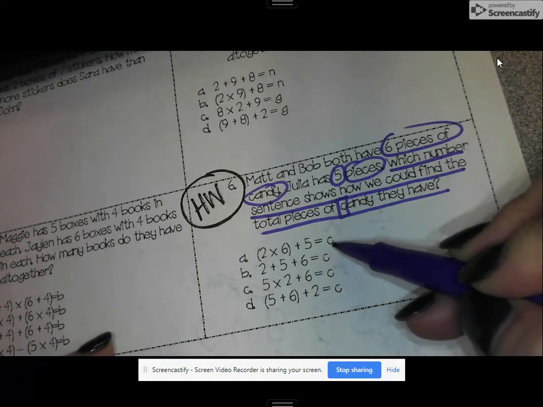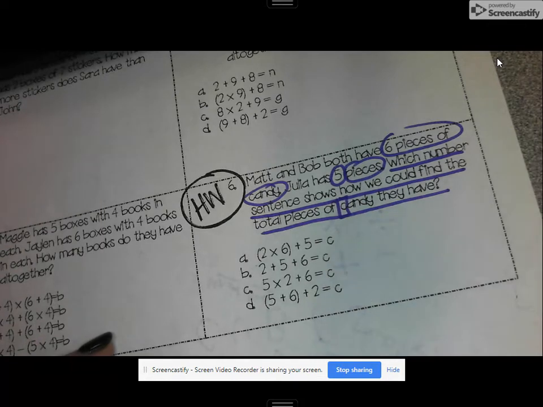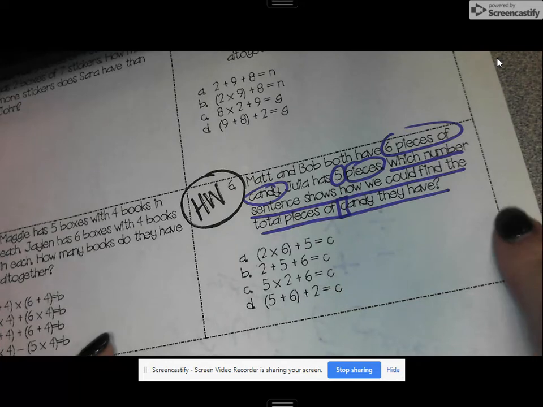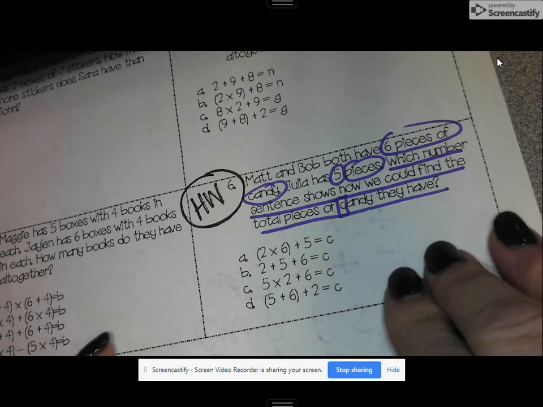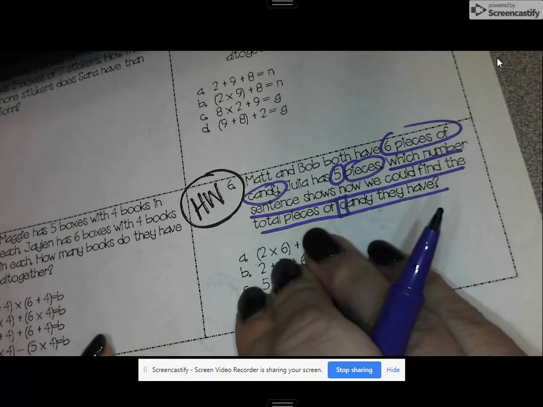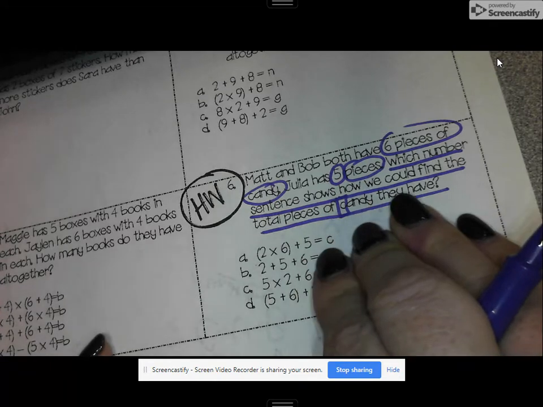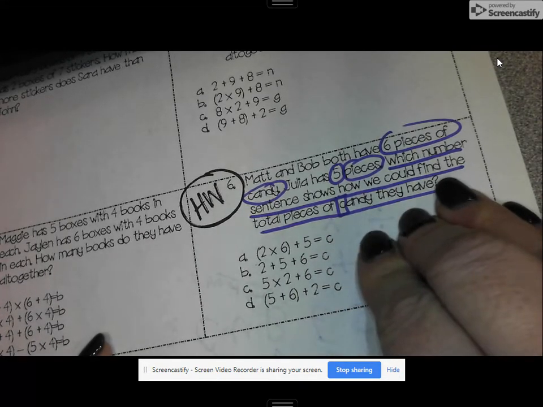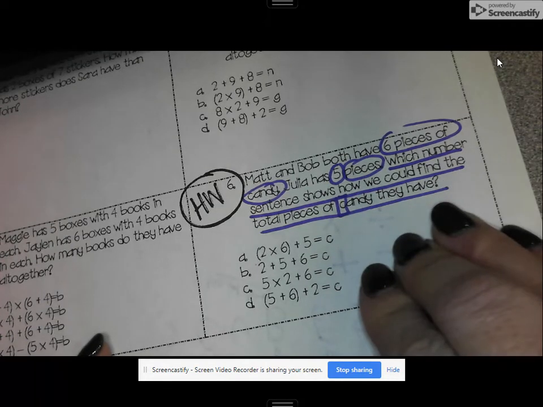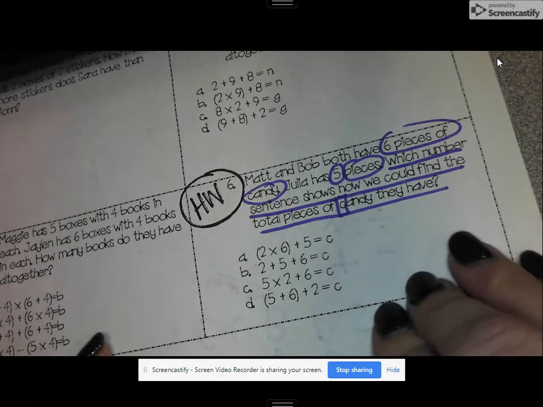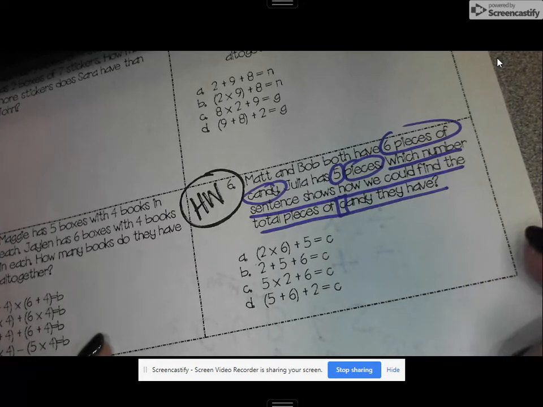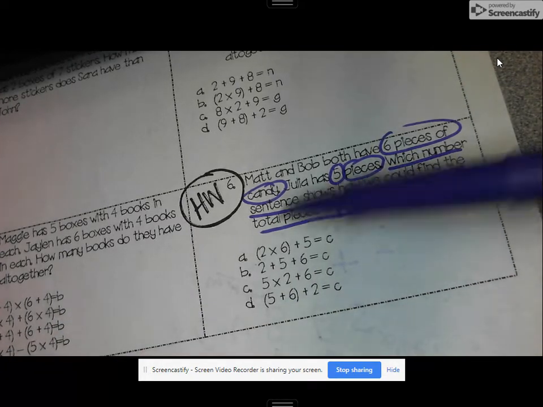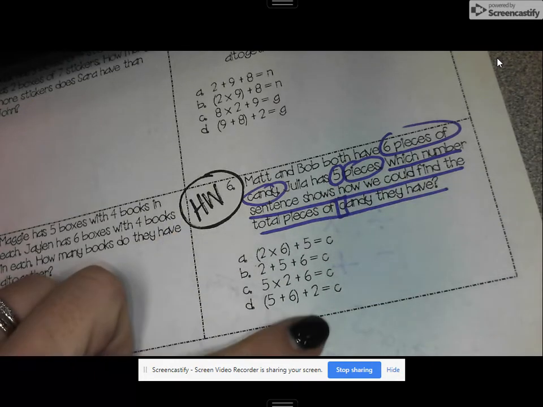And this is how a lot of the problems on the GMAS will be, you just have to know the steps and the processes you would take to find the answer. We're not actually looking for the answer here. So this is just, are they understanding the procedures and the steps needed to solve the problem? And so they just have to match what they figure out with one of the answer choices here.